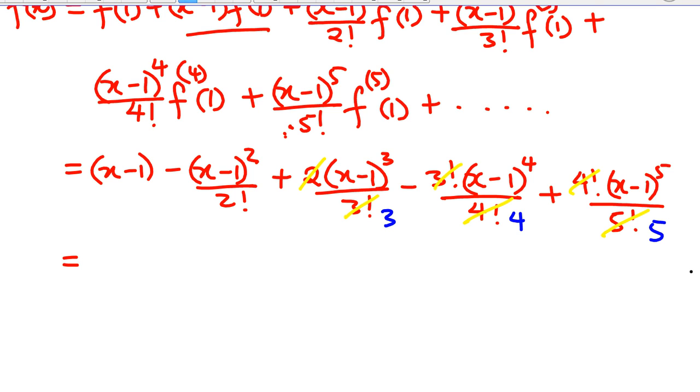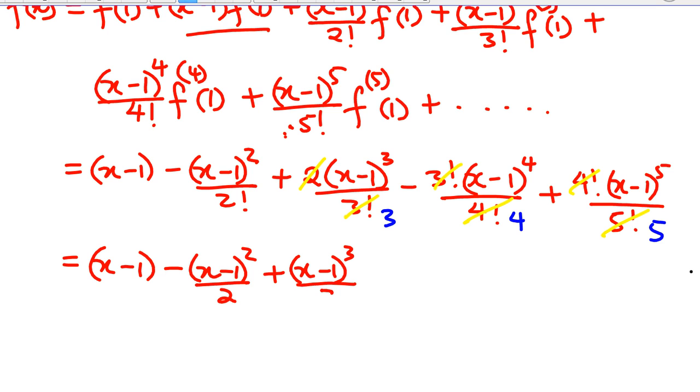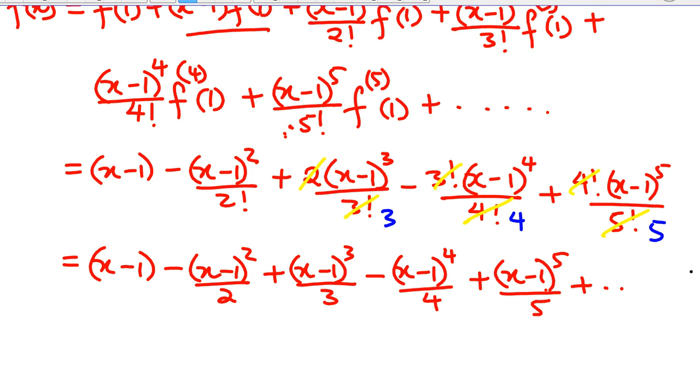So we'll end up with x minus 1 minus x minus 1 squared over 2 plus x minus 1 cubed over 3 minus x minus 1 to power 4 over 4 plus x minus 1 to power 5 over 5. Okay. So it's good to go back and check again that everything makes sense.